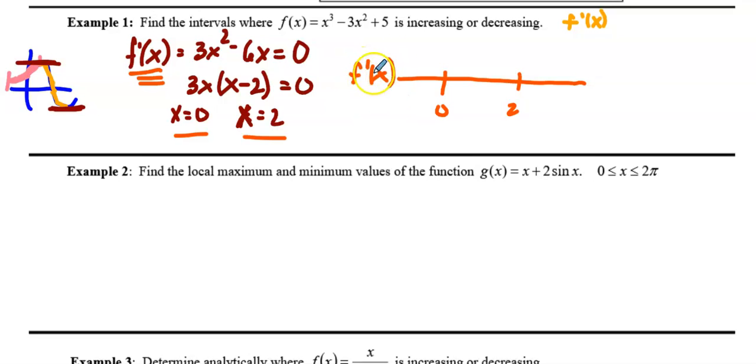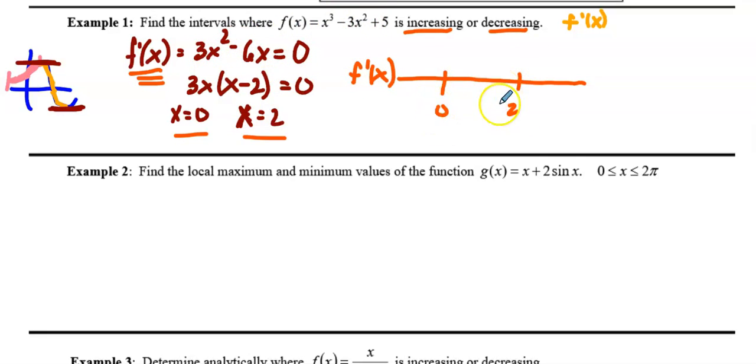I always have my students label the number line and also put in what we're plugging into, because sometimes we're plugging into the original, sometimes the first derivative, sometimes the second derivative. So it's helpful to acknowledge that increasing and decreasing is a first derivative test, and so we're going to plug these values back into the first derivative.